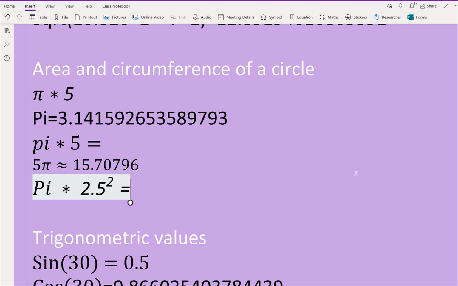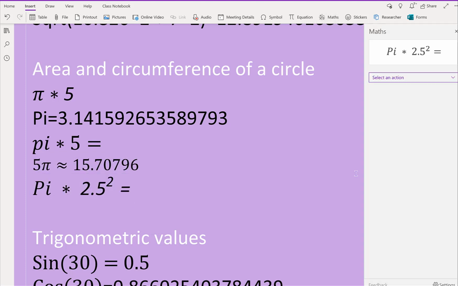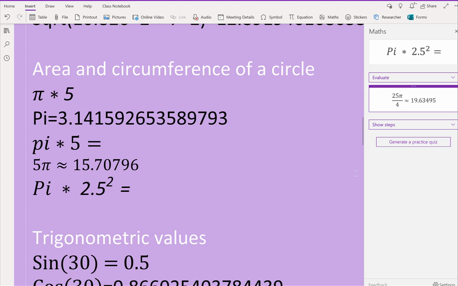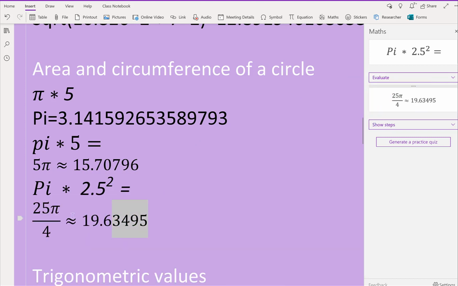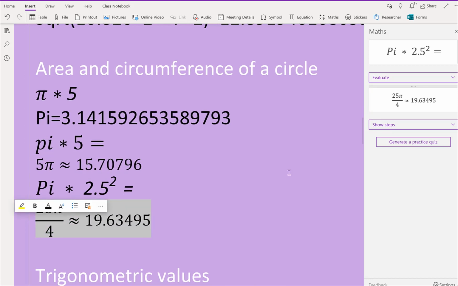So if I just demonstrate, I highlight this, maths, select an action, evaluate. So here I have the result. If I want to keep the result, I can just drag it and put it underneath here. Here we go.